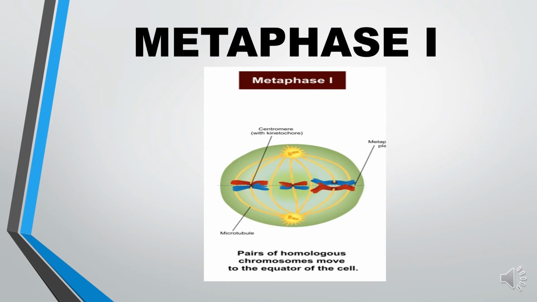Same as metaphase in mitosis, M is for middle because the chromosomes are lining up in the middle, but the difference is that here they are lining up by pairs, and the spindle starts to connect them, preparing for the anaphase.